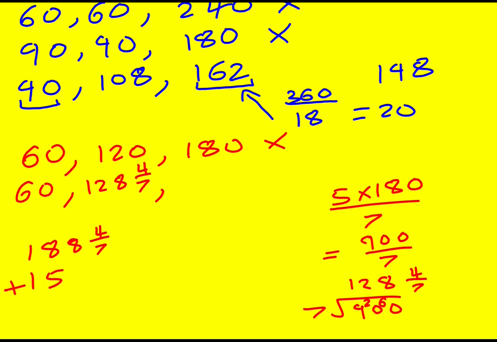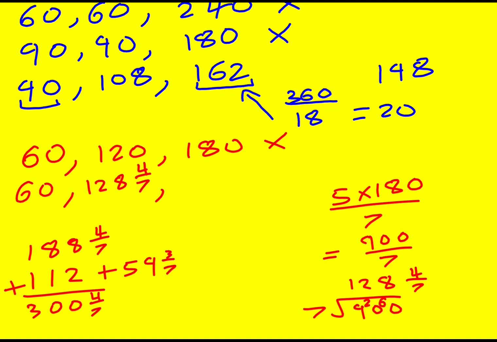Oh, that's too small. So I'm trying to get 360. Oh, okay, if I add on 112, then I'd get to 304 over 7. Okay, so I need to add on another 59 and 3/7.